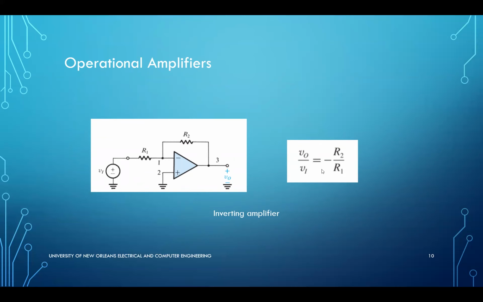But it's an inverting amplifier because the output is equal to the ratio of these two resistances, but negated. It's a negative result. So that's what we call an inverting amplifier. In essence, it amplifies the signal, but it also inverts the signal.